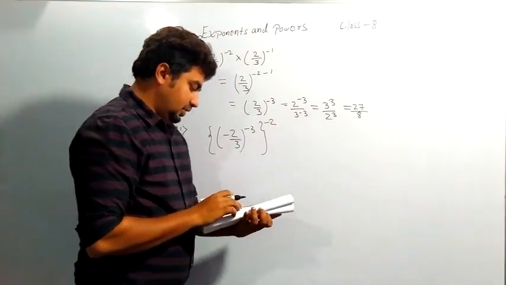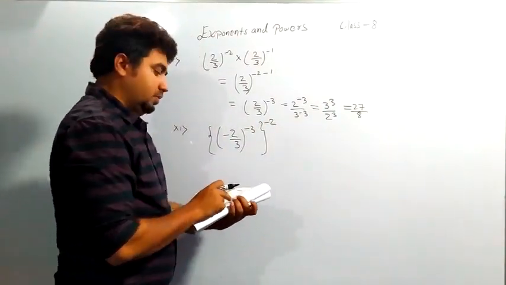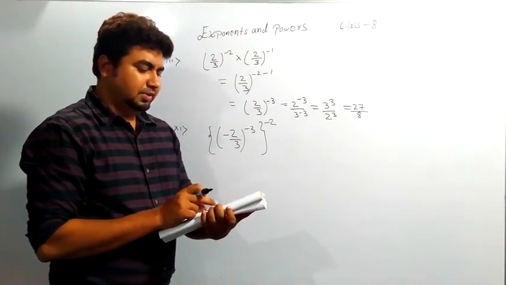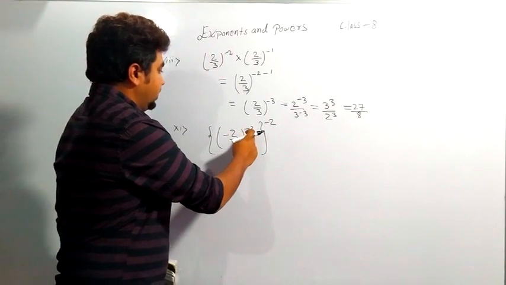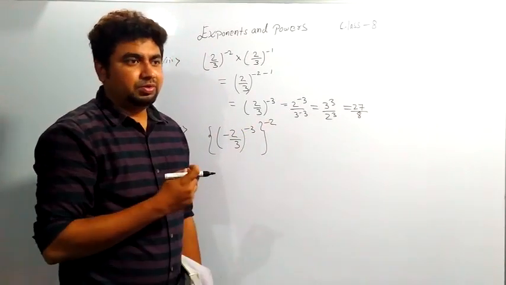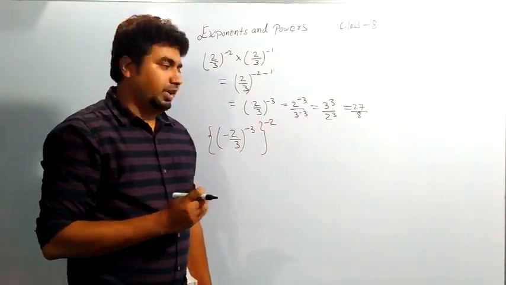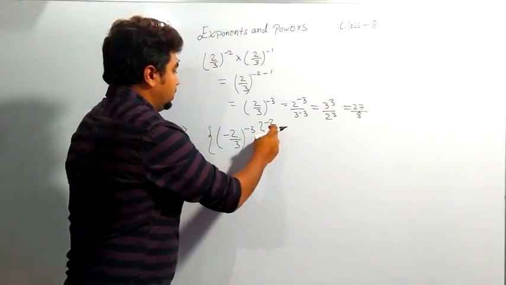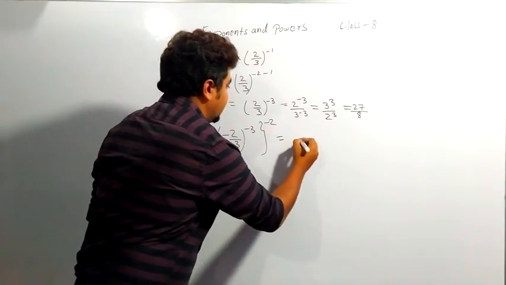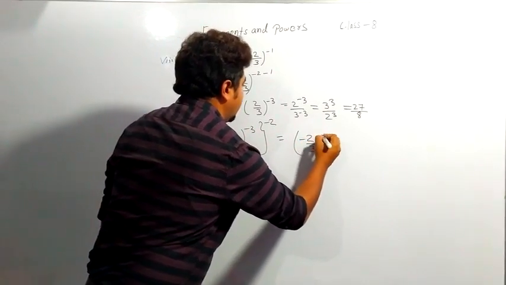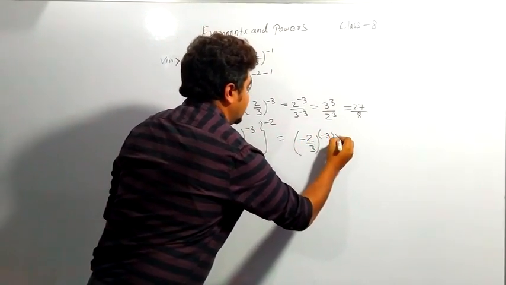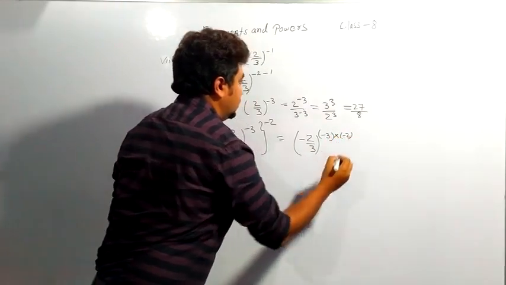In this it is given minus 2 by 3 to the power minus 3, whole to the power minus 2. We are able to see that power and power will be multiplied, as we have seen in law 5. So we can write it as minus 2 by 3 to the power minus 3 into minus 2.